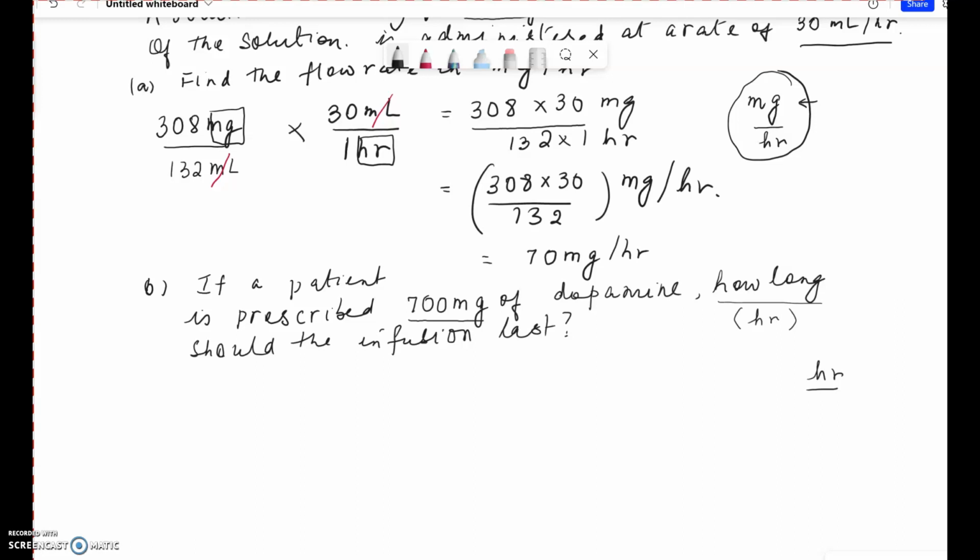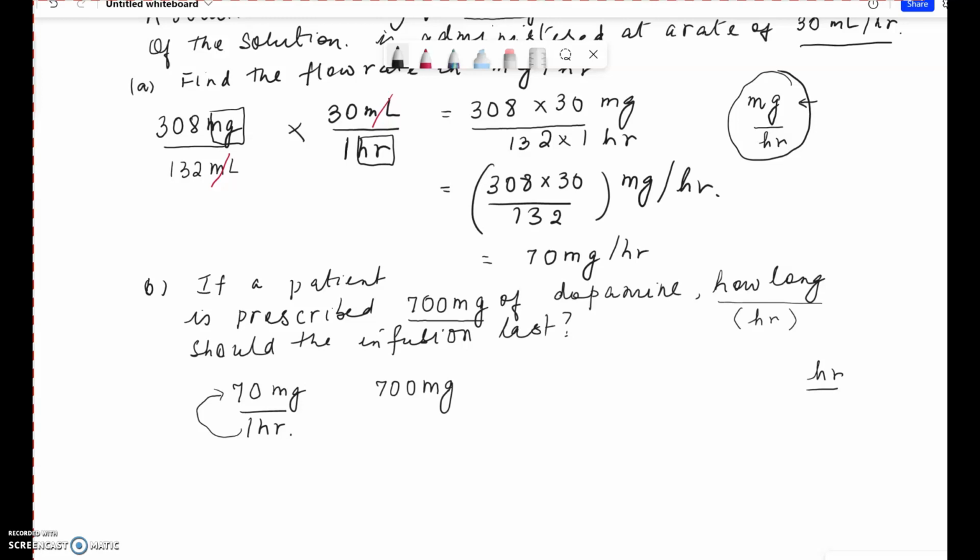So we know that the flow rate is 70 milligrams per 1 hour, and the patient will need 700 milligrams of dopamine. Remember that our final answer is in hours, and we have to somehow cancel the milligrams and also make sure that the hours is in the numerator.